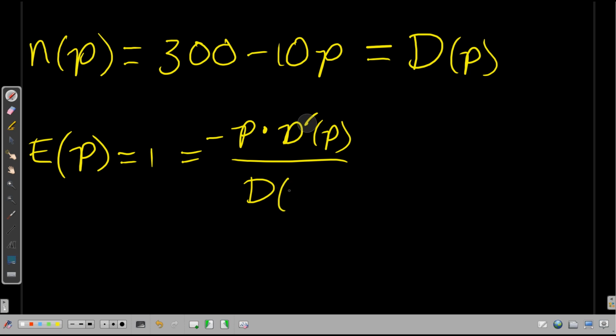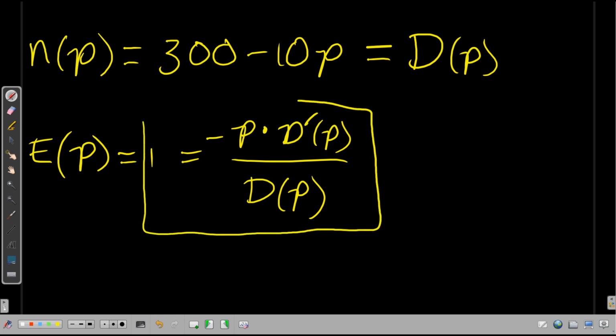But I think that we can now investigate why this was equivalent to just the regular old optimization technique of writing down the revenue function and finding out where it has a maximum.